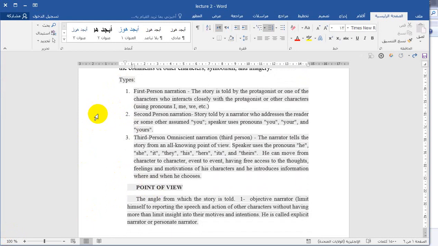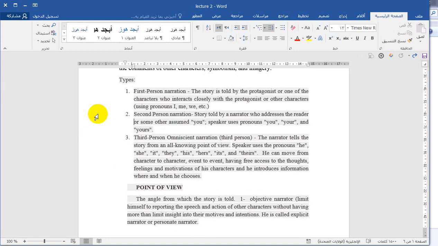I mean, we now have a story, we have characters talking to each other, and we have a narrator who conveys the information for us. Okay, what do we have with this narrator? Does this narrator have a view of his own? I mean, he conveys the information for you.